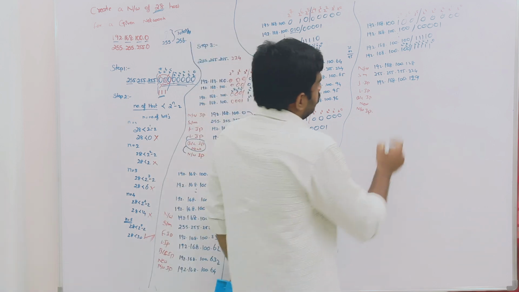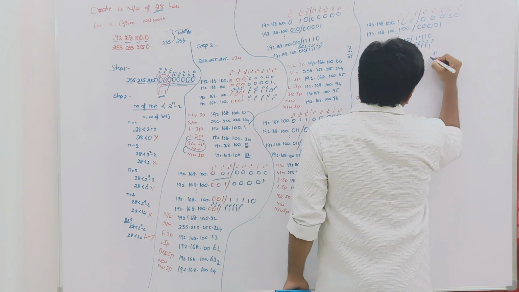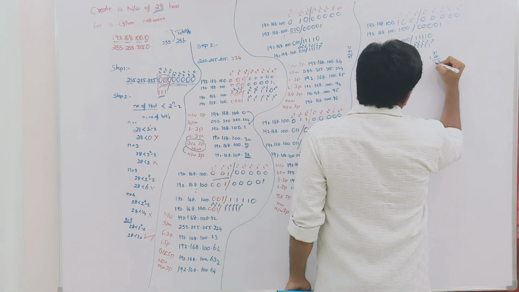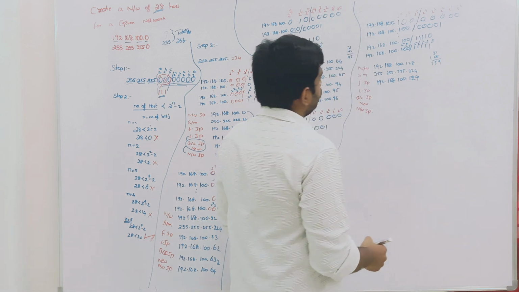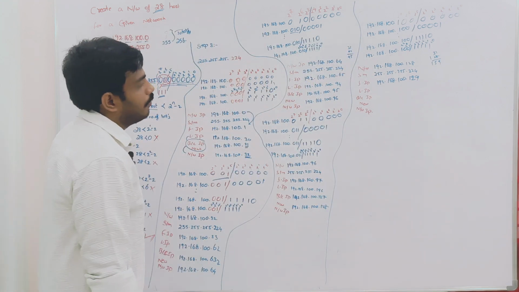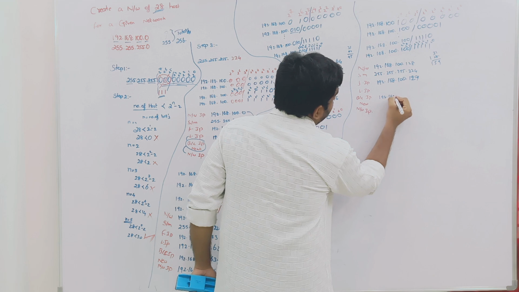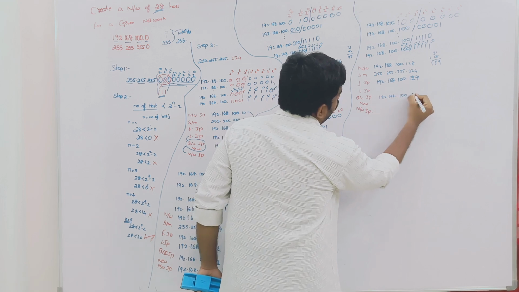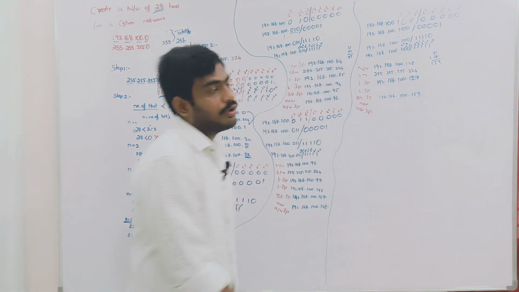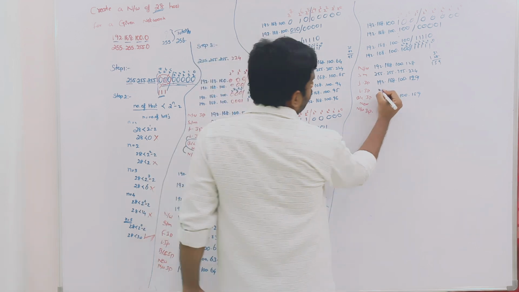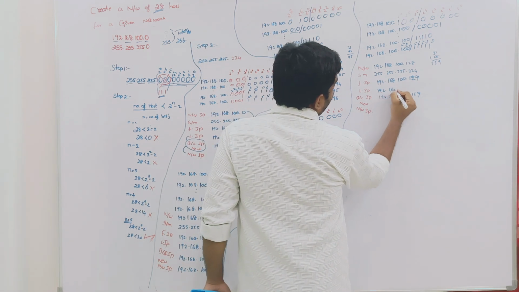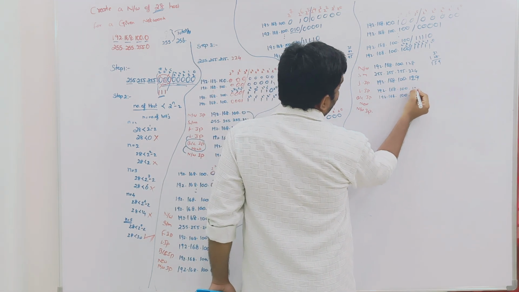So 31 plus 128 is 159. So our broadcast IP will be 192.168.100.159. What will be our last IP? The last IP will be 192.168.100.158.